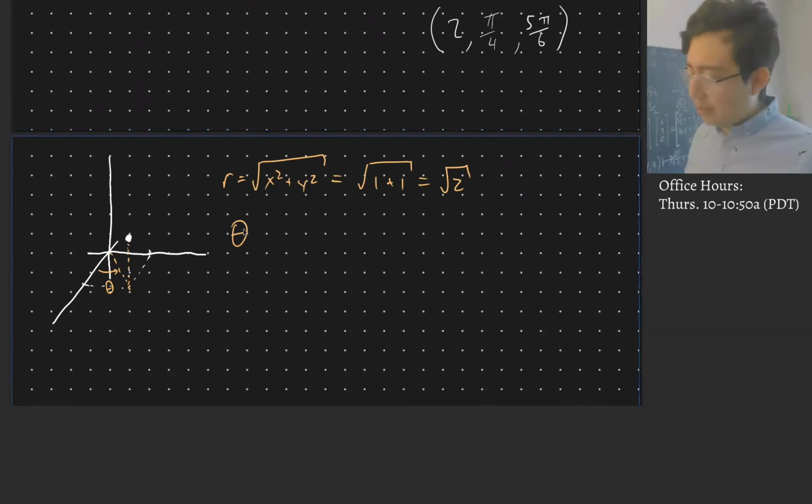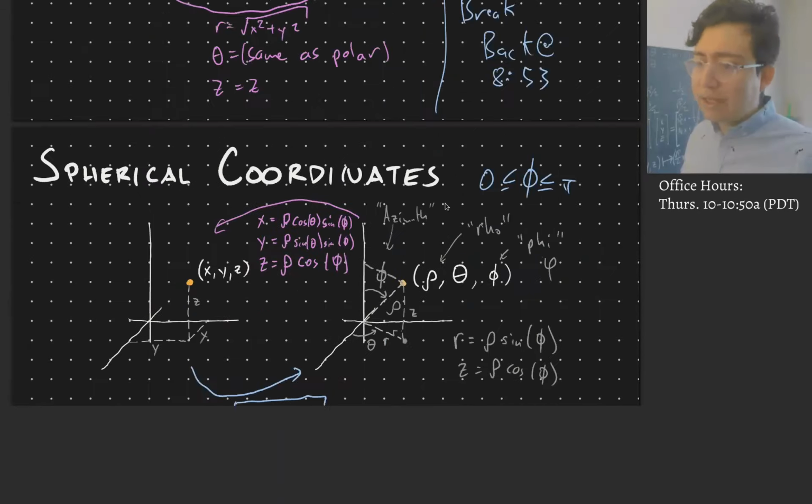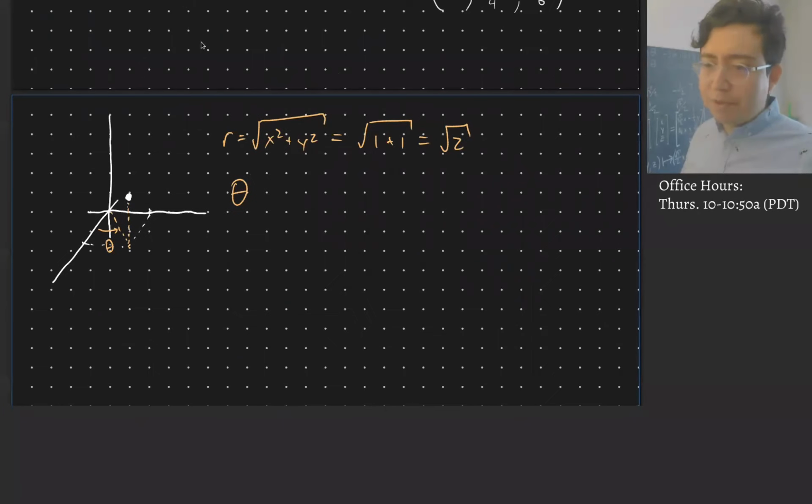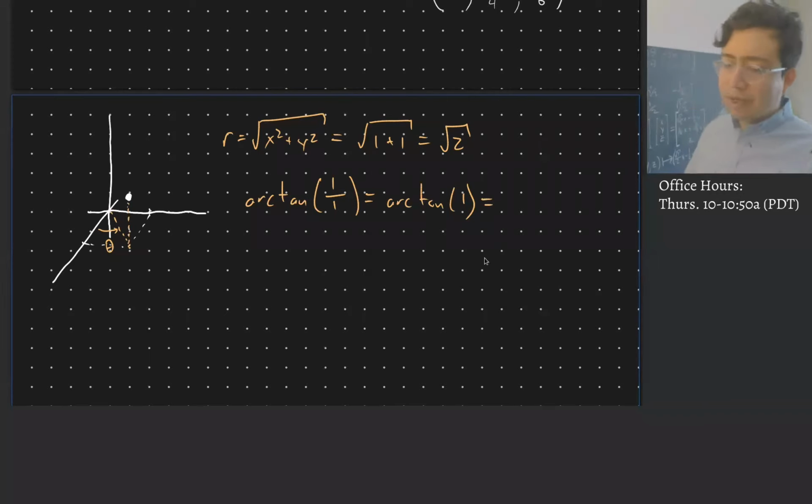Remember, theta is all of this stuff here. But basically, to start, you want to compute arctan of y over x, which in this case is 1 over 1, which is arctan of 1. If you remember your trig, arctan of 1 is pi over 4.